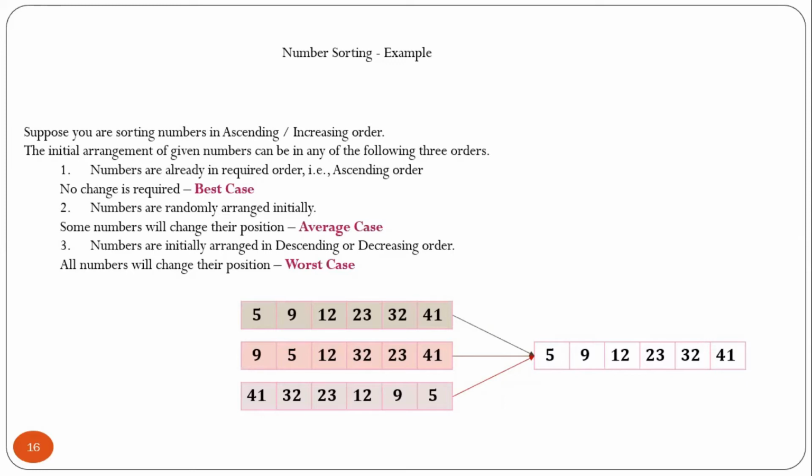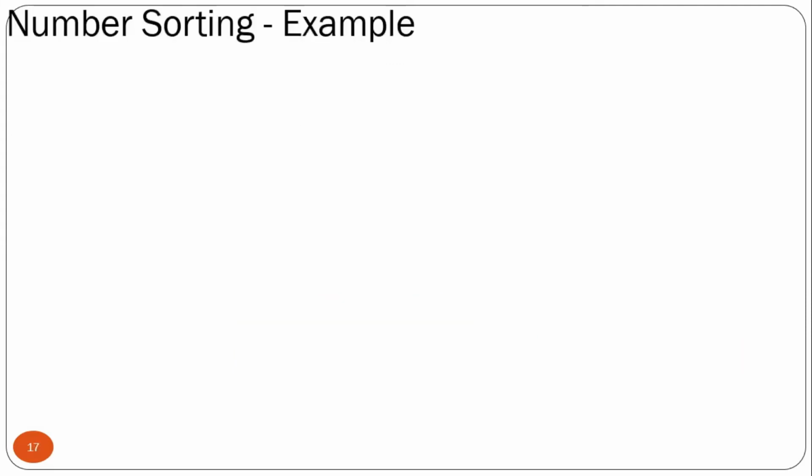If they are already in ascending order, it means best case. But when the numbers are randomly arranged, that means they will keep on changing their position, then it is called average case. When the numbers are arranged in descending order, it is called worst case because we have to make the maximum number of comparisons.